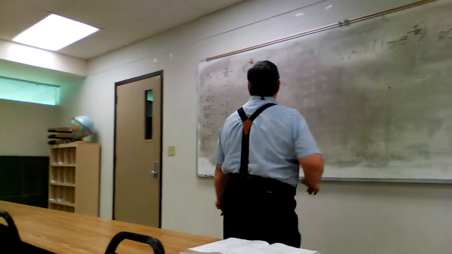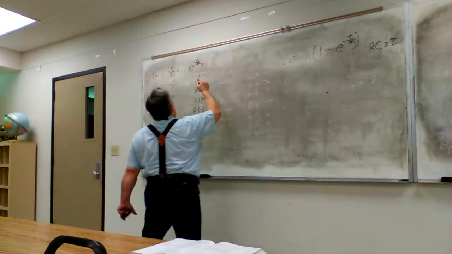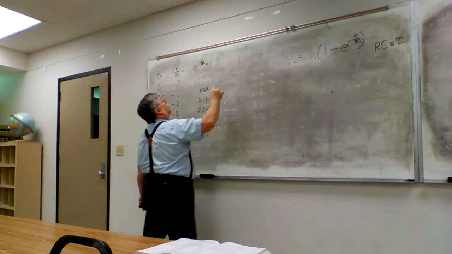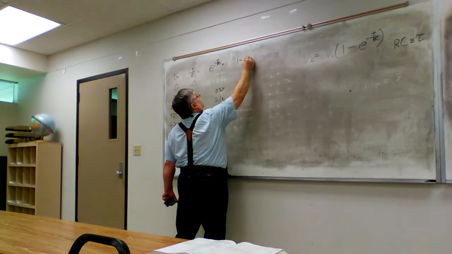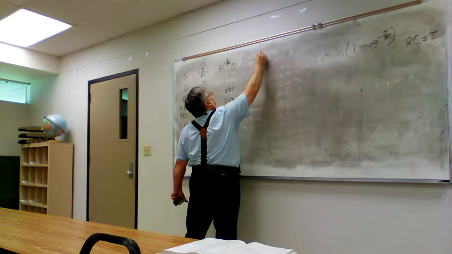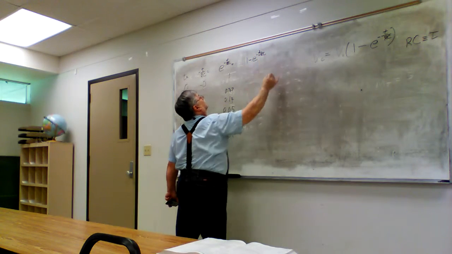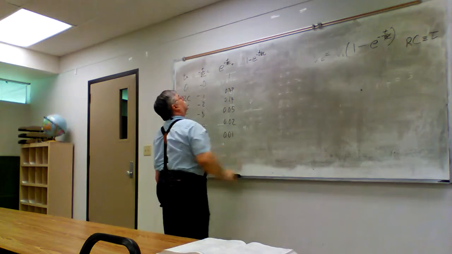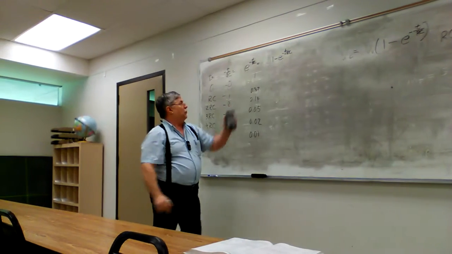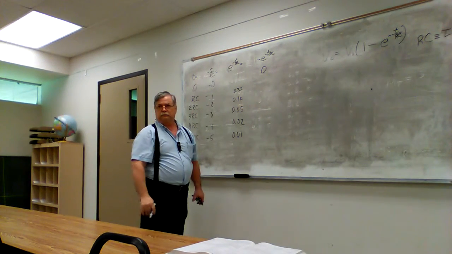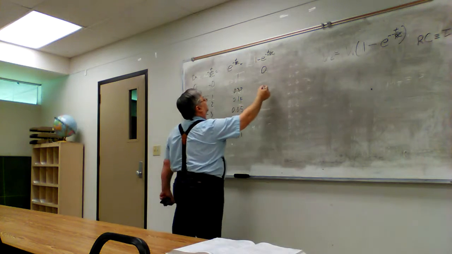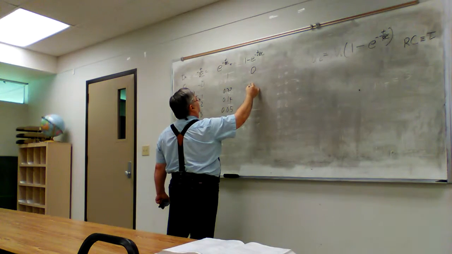Now, at each of these, what is 1 minus e to the minus t over RC? 1 minus 1 is 0. 1 minus 0.37 would be, what, 0.63?